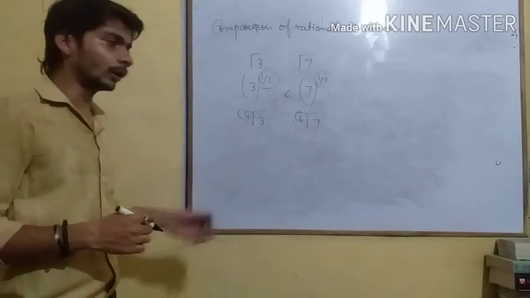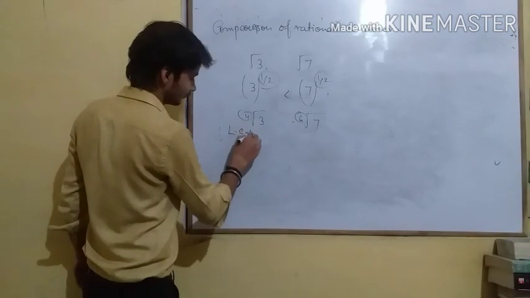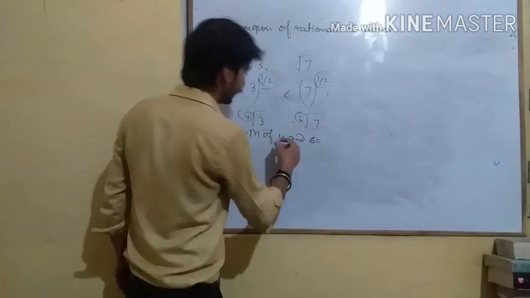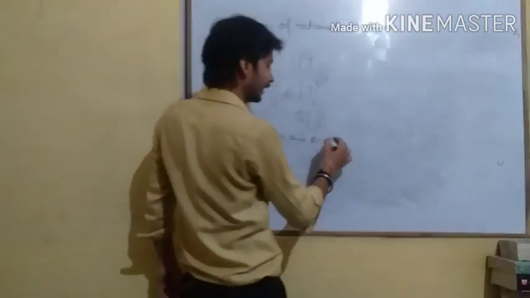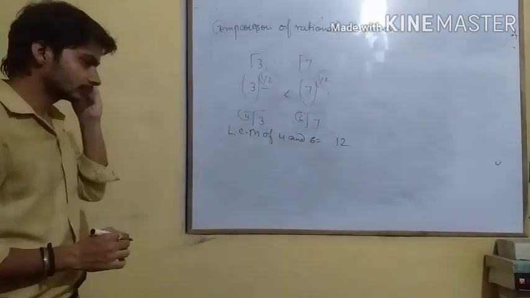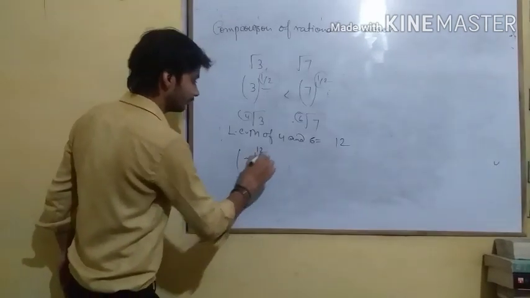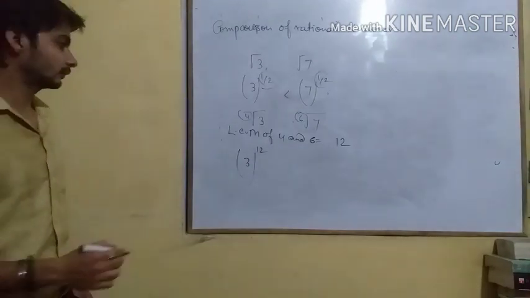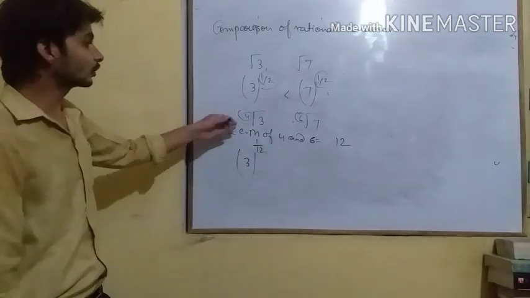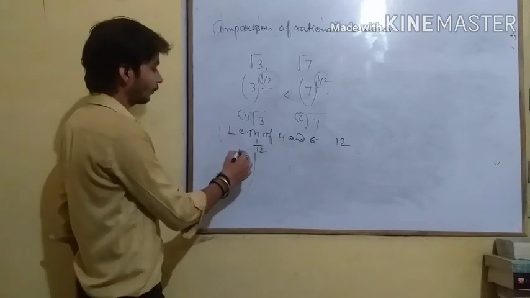So for making them equal, find the LCM of 4 and 6. We get the LCM of 4 and 6 as 12. Then write 3 to the power 1 by 4 as 3 to the power 3 by 12, because 4 threes are 12, and we expand the power on the radical.